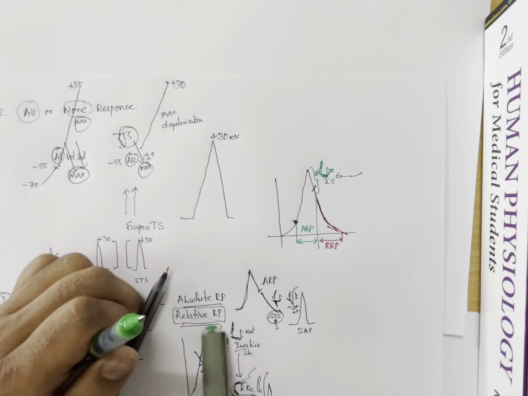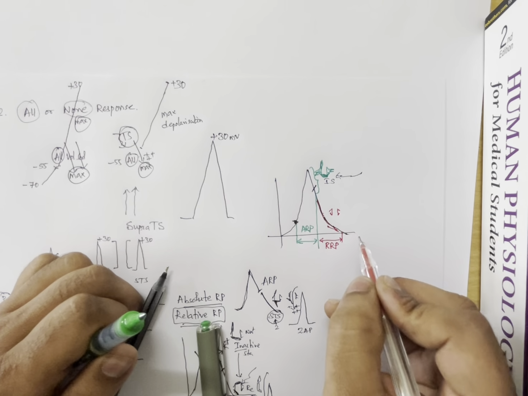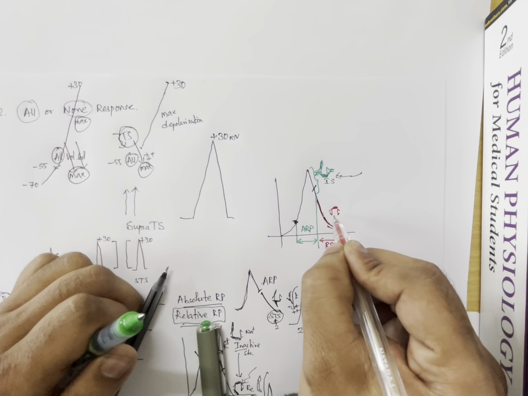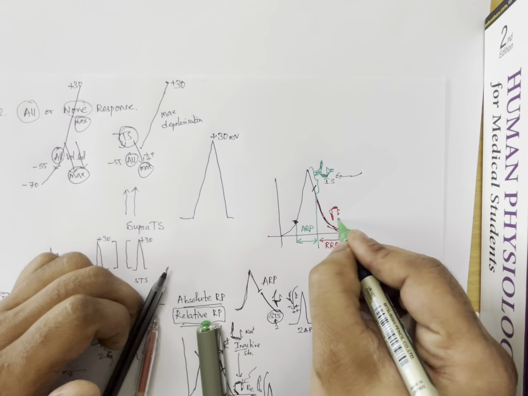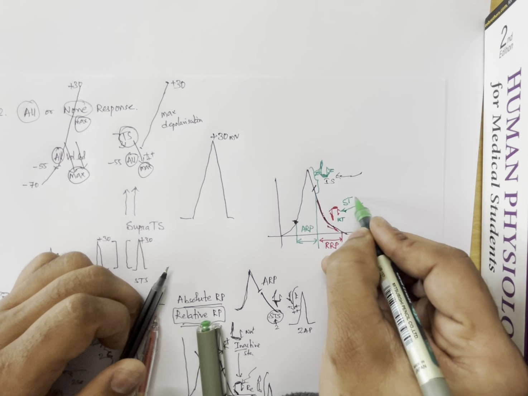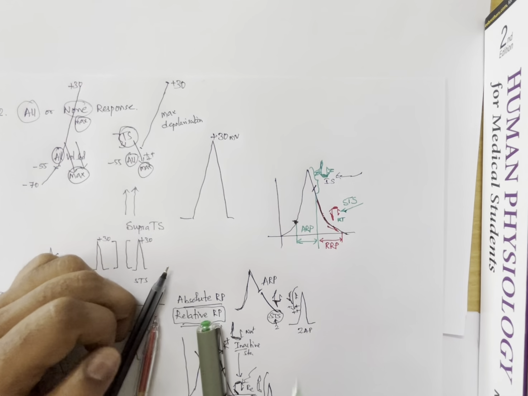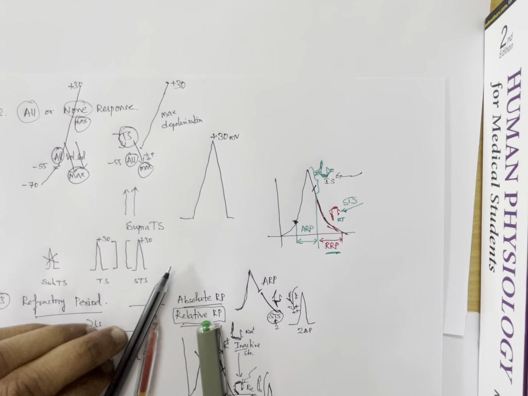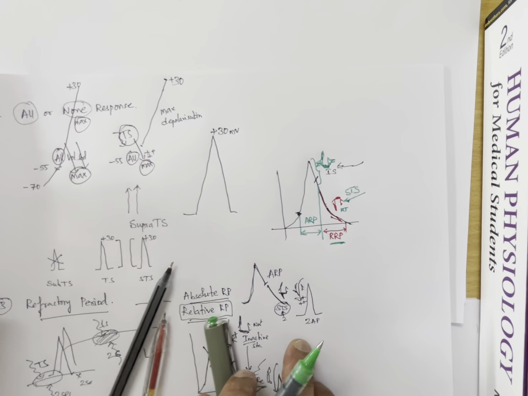At this point, some of the sodium channels are in the resting state. Resting state means the outside gate is closed and the inside gate is open. Here a supra-threshold stimulus can flip it open, resulting in action potential generation in the relative refractory period phase. So this is about the third property, refractory period.